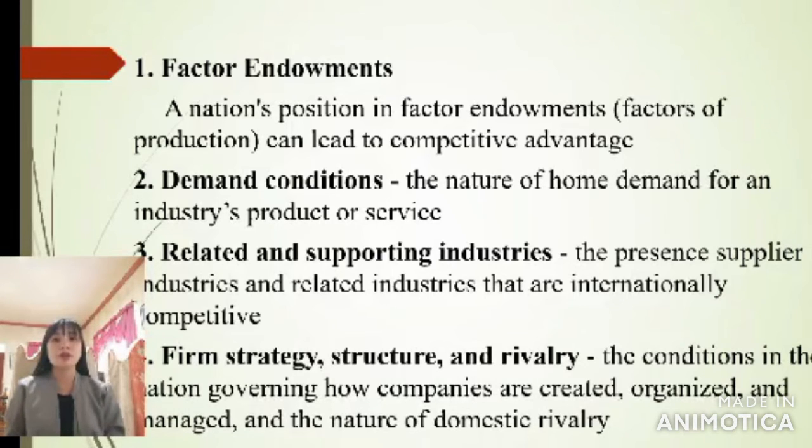The third one is related and supporting industries: the presence of supplier industries and related industries that are internationally competitive. Lastly, the firm's strategy, structure, and rivalry: the conditions in the location govern how companies are created, organized, and managed, and the nature of domestic rivalry.